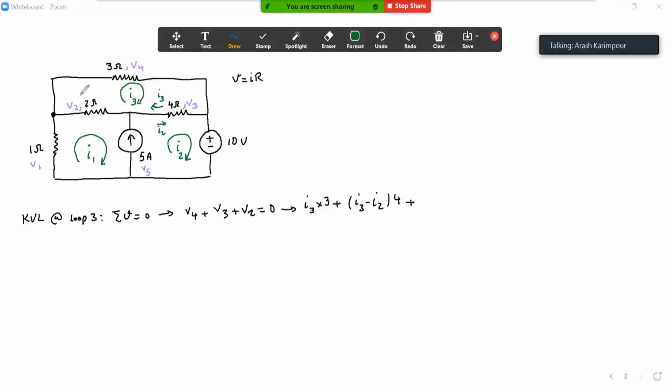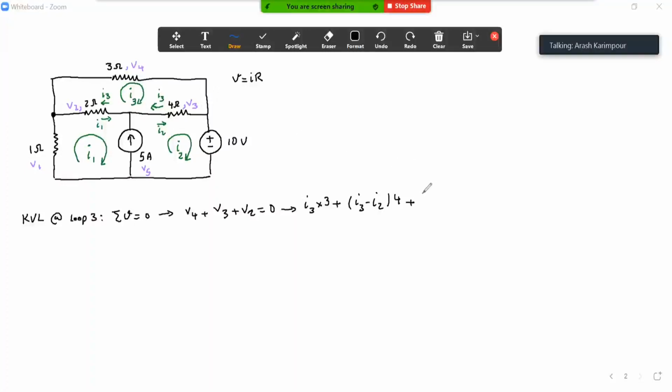In this one, I3 goes this way and I1 goes this way. Again, I'm rotating in this direction, so it's I3 minus I1, because I3 is in the direction of my rotation and I1 is against the direction I'm moving.